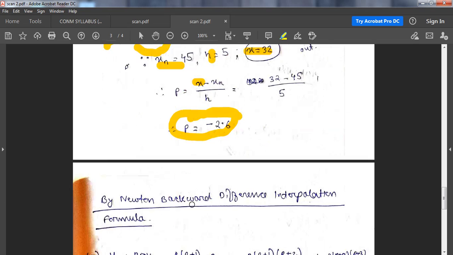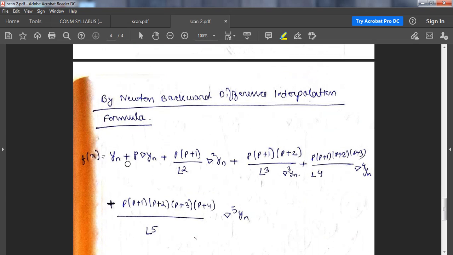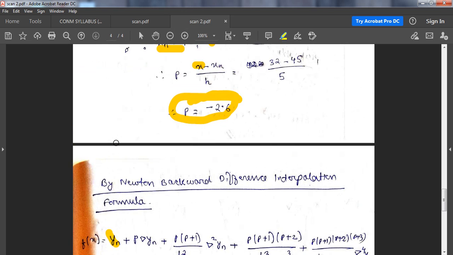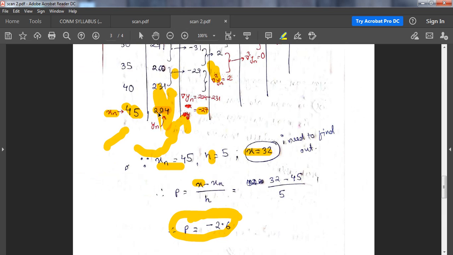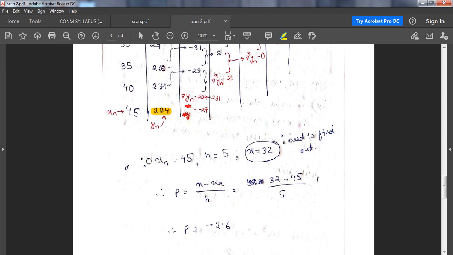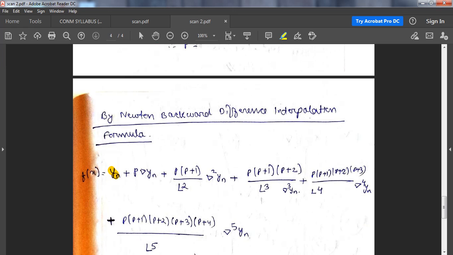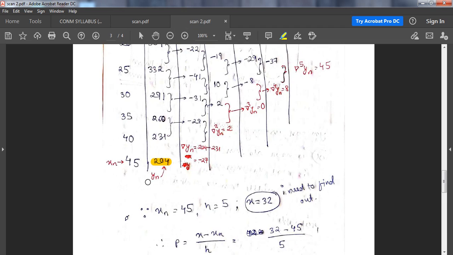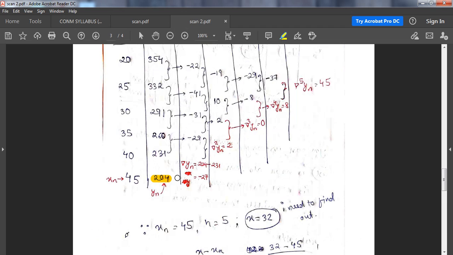Once you know your p, this is your basic backward difference formula. Here, the first value is y of n. What is your y of n? The last value. Over here, it is this. So just put your y over here. Now p you have already calculated. Del y of n is from the first difference, the last value which you are calculating.